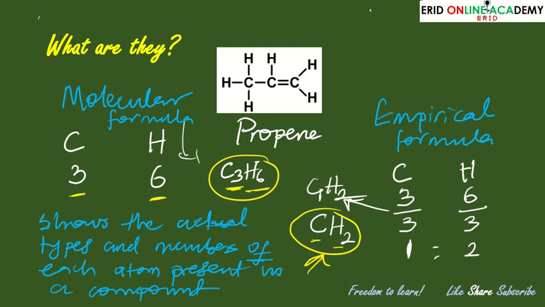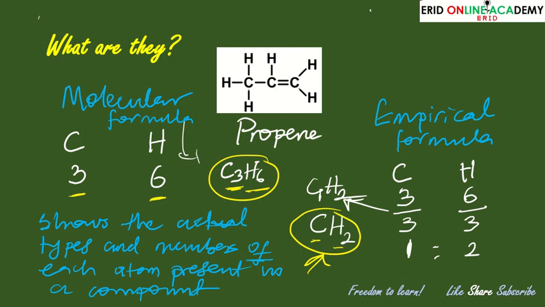So, empirical formula shows the ratio of the constituent elements in a compound, while the molecular formula shows the actual types and numbers of each atom present in a compound.